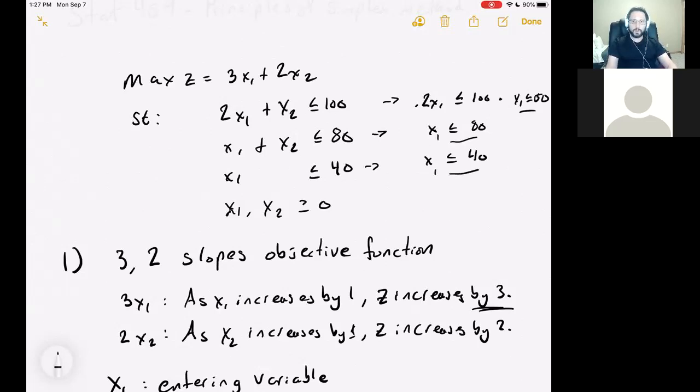There is a single number that satisfies all three of those inequalities. x1 needs to simultaneously be less than 50, less than 80, less than 40. That's the smallest value. x1 less than or equal to 40 is the most I can increase x1 by while satisfying all three constraints. So I'm going to increase x1 by 40.